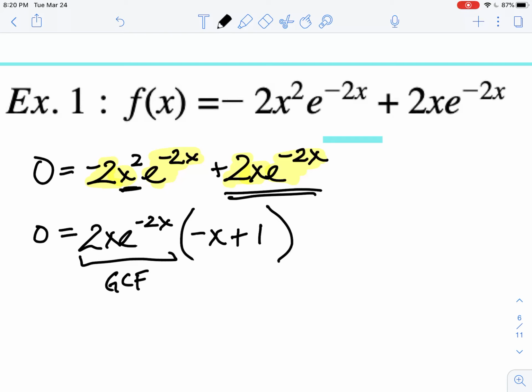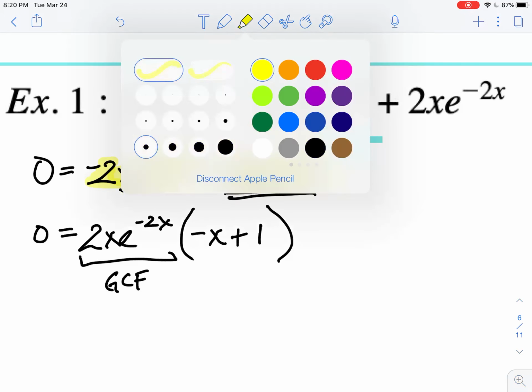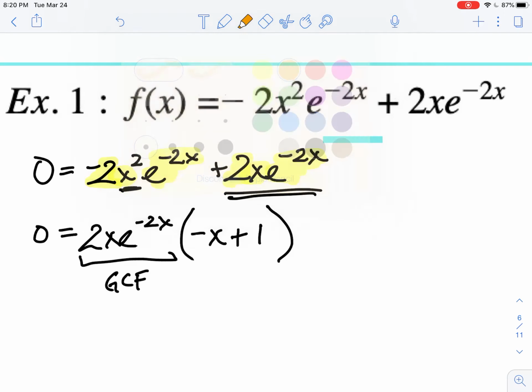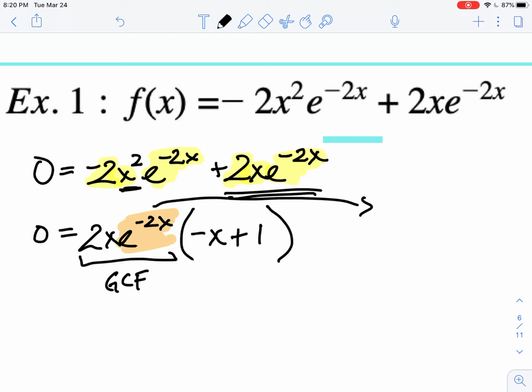Now, let's take a look at what parts can actually equal 0. If you recall from the last section, 4.2, exponential functions like e to the negative 2x never cross the x-axis. Let me write that off to the side: this one has no x-intercept.